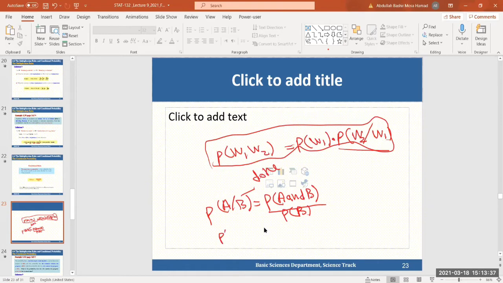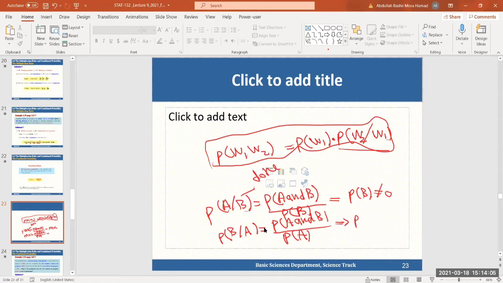Similarly, P of B given A equals P of A and B over P of A. Yes, good. Also, in this case, P of B should not be equal to 0, because B is already given, so it is not an impossible event.